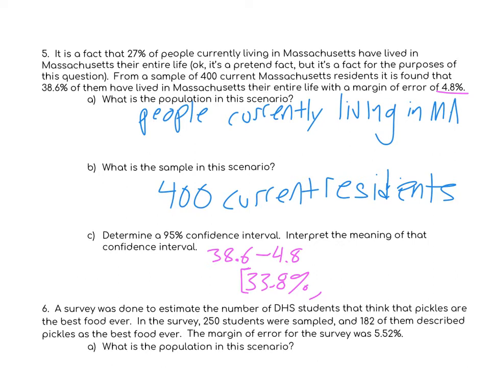Then if we add 4.8, 38.6 plus 4.8, we get 43.4.